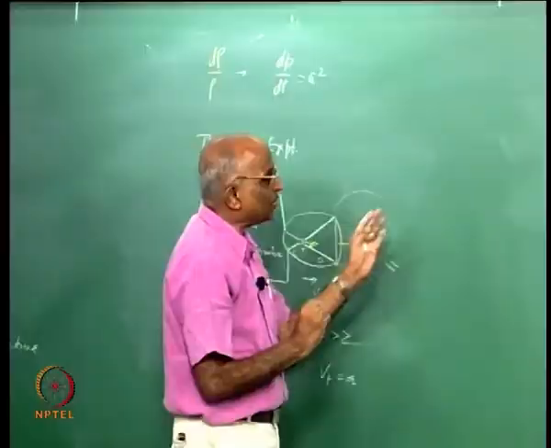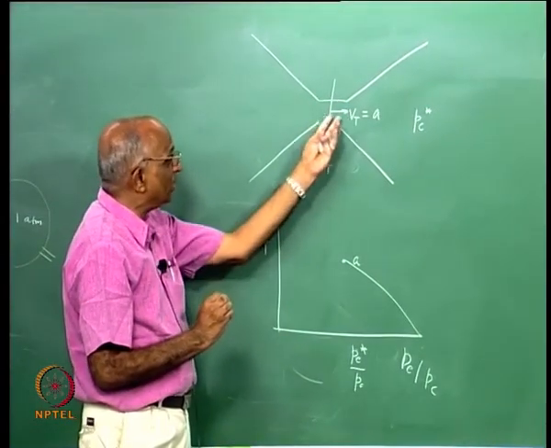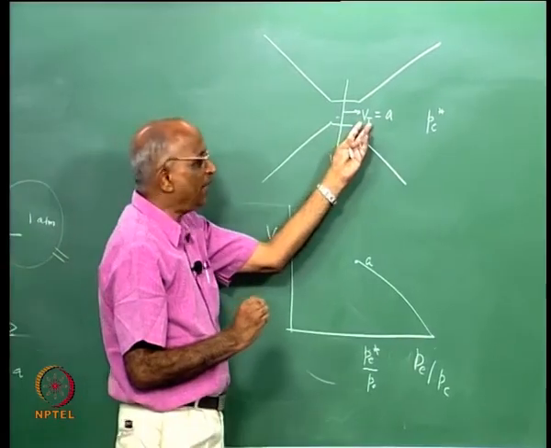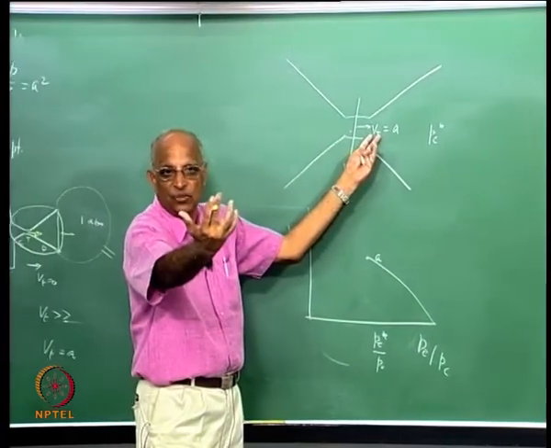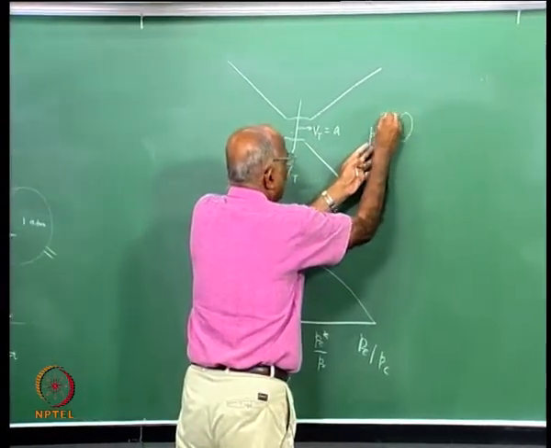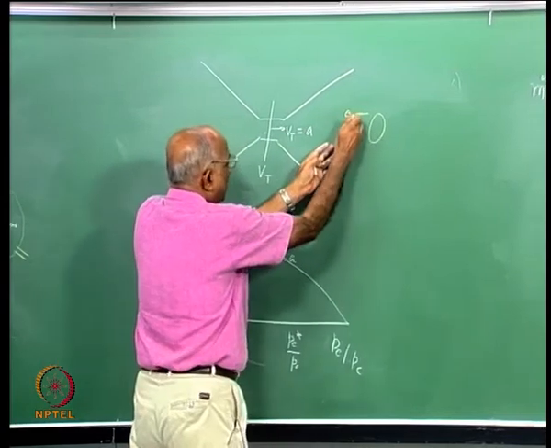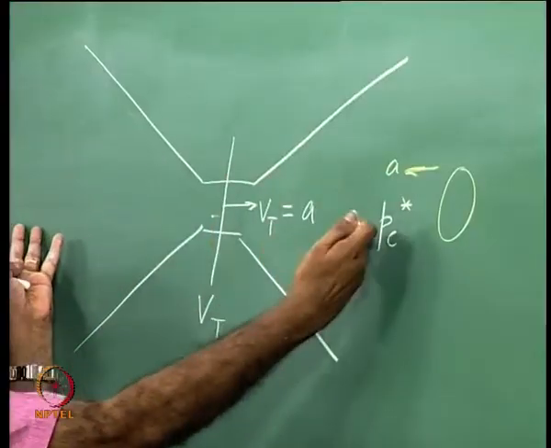Now when the stage comes when the velocity at the throat is equal to the sound speed, and you know how information travels, I talked to you, it travels at the speed of sound. Therefore any information here is traveling at the speed of sound, and this sound tells this chamber that I want something more.